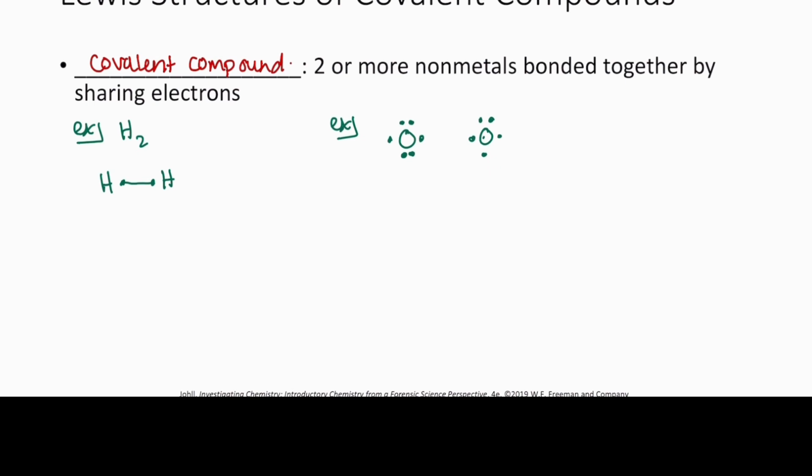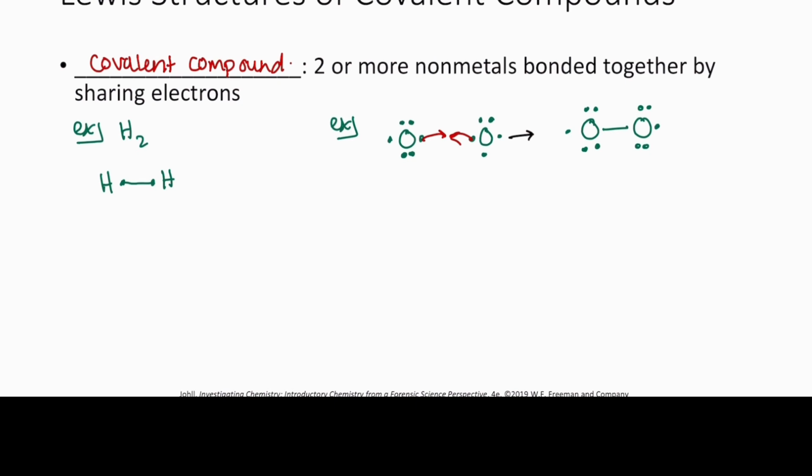And we are going to have to share some of these electrons in order to achieve our octet rule. So I can share these two electrons, and when I do that, I have created a bond between the two oxygens. And this is what I will be left with.